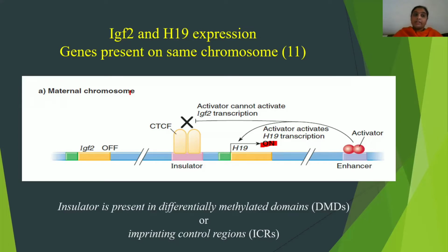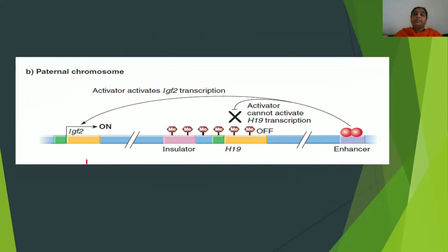So from the maternal side it is decided that H19 is going to be expressed and IGF2 is silent, but IGF2 is allowed to get expressed from the paternal side of the chromosome, and H19 is inhibited, not expressed. Means when there has to be the expression of IGF2, the enhancer should act over this IGF2.